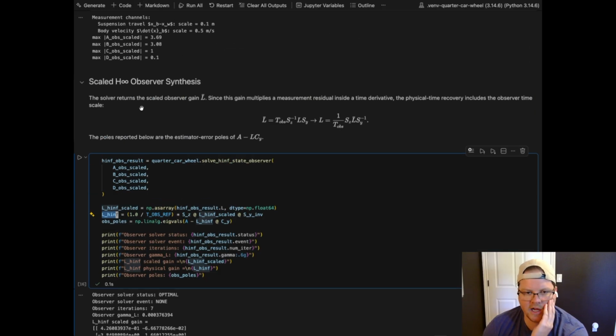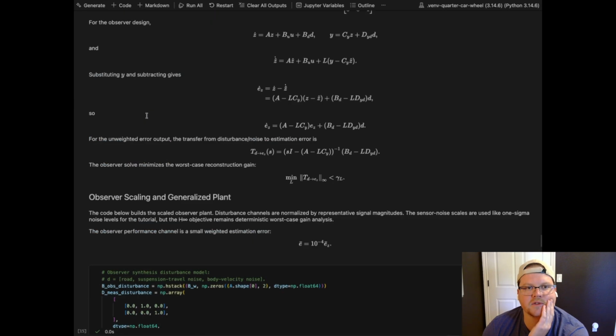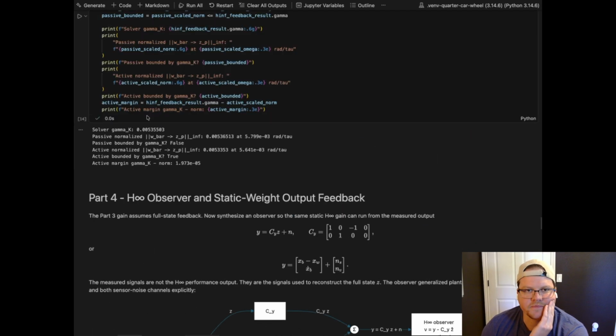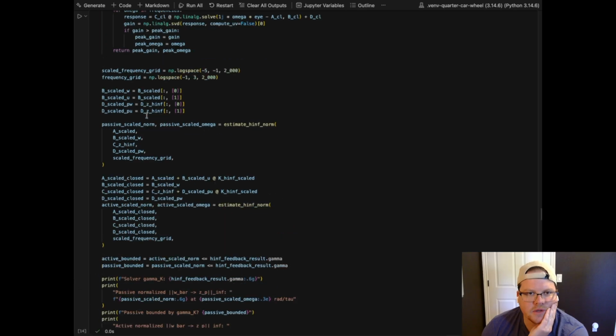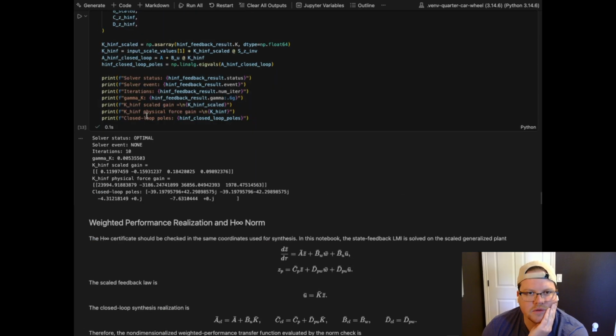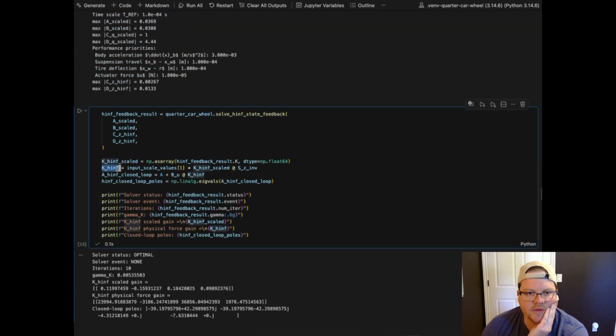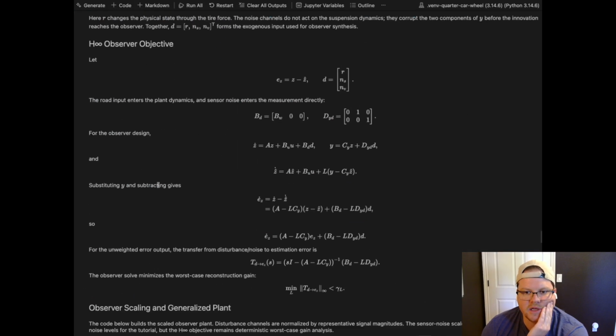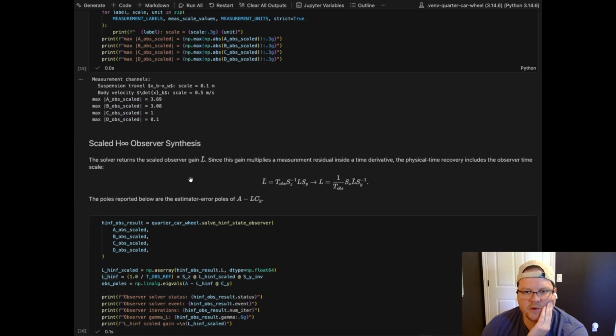And before I had K, we'll just double check to make sure that is true. We have K H infinity here. Yep. So we do the inverse: the pullback scaled and then input scale. Similar to this one here, though I didn't write it down. Cool.